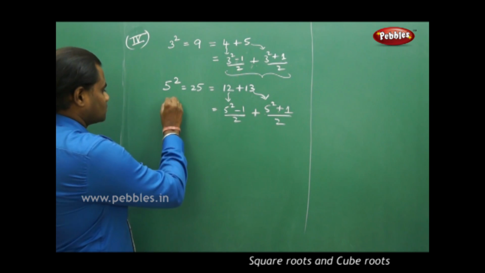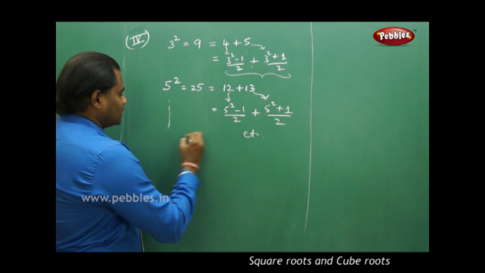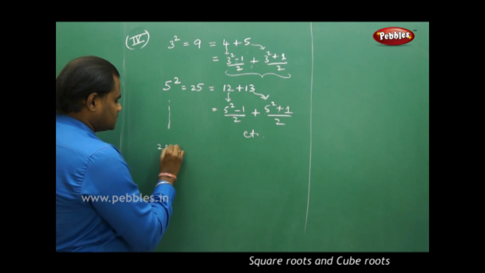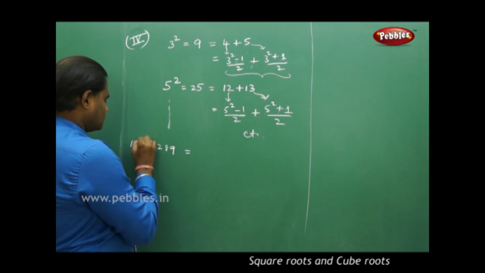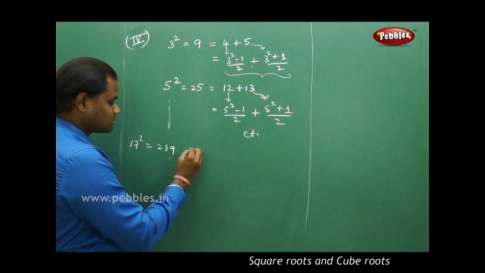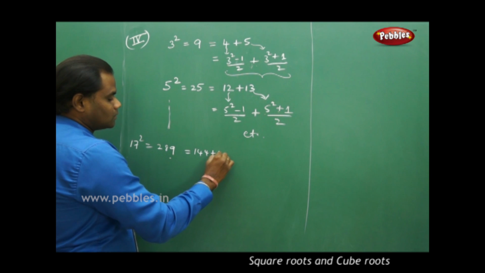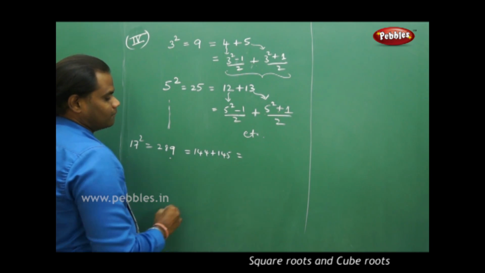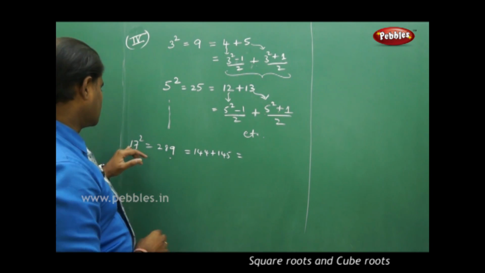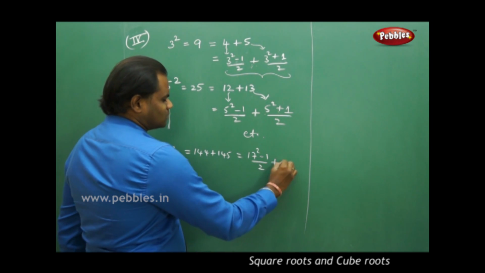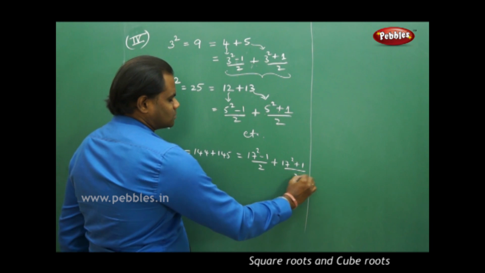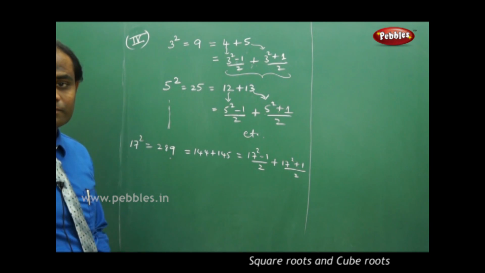So clearly, going by this, if I take 289, which is 17 square, I can split this as 144 plus 145, which can be written as 17 square minus 1 by 2 plus 17 square plus 1 by 2.